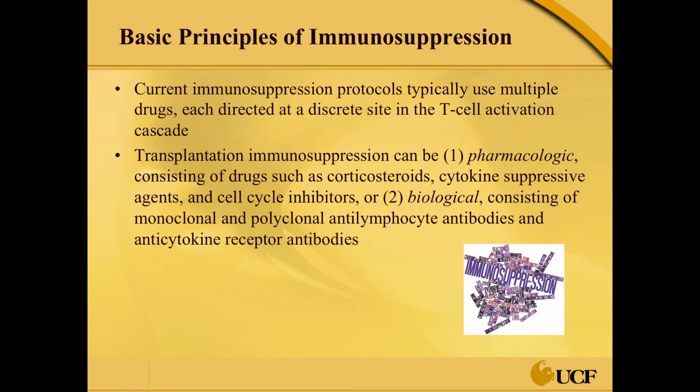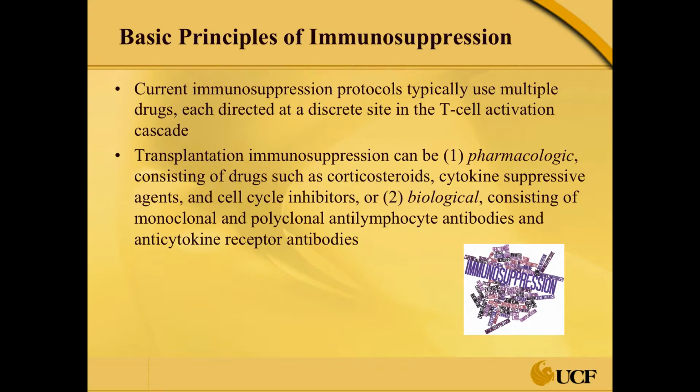Current immunosuppression protocols typically use multiple drugs, each directed at a discrete site in the T cell activation cascade. And transplantation immunosuppression can be either one, pharmacologic, consisting of drugs like corticosteroids, cytokine suppressive agents, and cell cycle inhibitors, or biological, consisting of monoclonal and polyclonal anti-lymphocyte antibodies and anti-cytokine receptor antibodies.